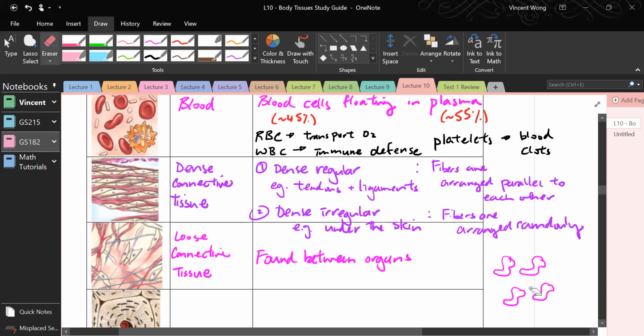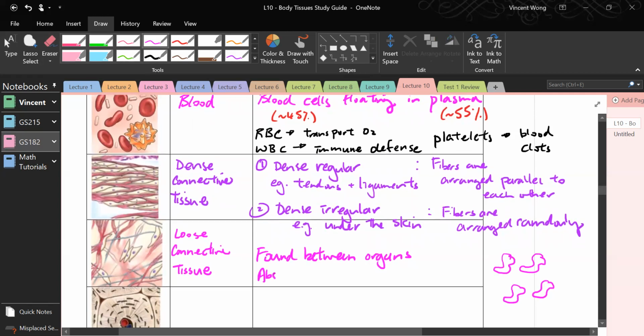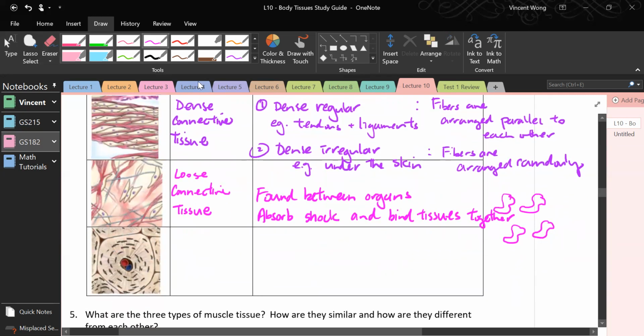They look like popcorn actually, and they fill up all the spaces, right? So that's what the loose connective tissue is for, and they're good for absorbing shock, and it helps bind tissue together.